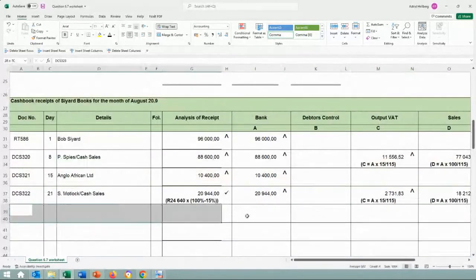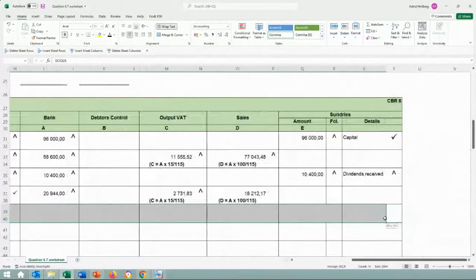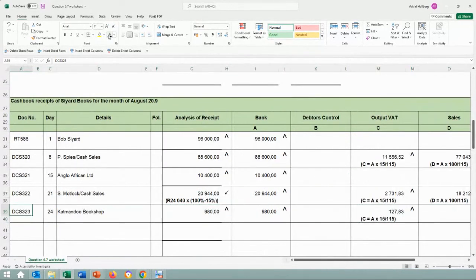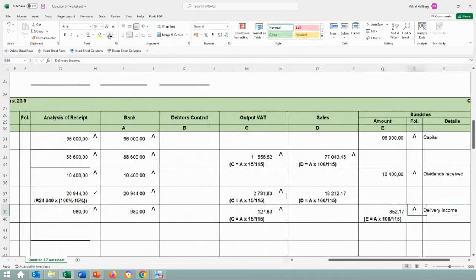So if we account for it here, just going to quickly unhide here. You would have DCS 323, you would have Kathmandu Bookshop, so 980 goes to analysis of receipts, 980 goes to bank, and then we work out the output VAT, which is 15 over 115, and then we take the remaining balance to your sundries account to delivery income.